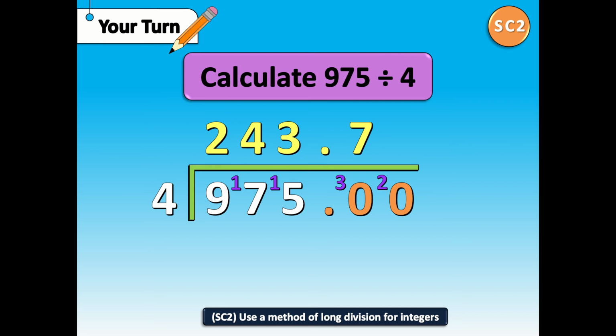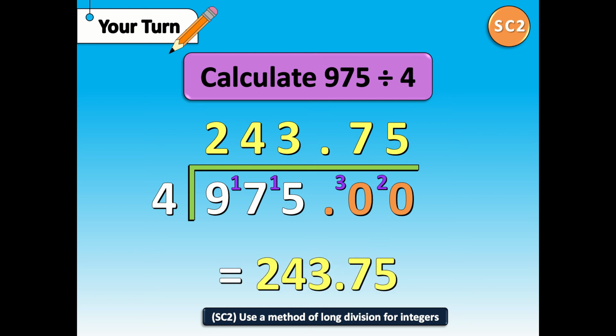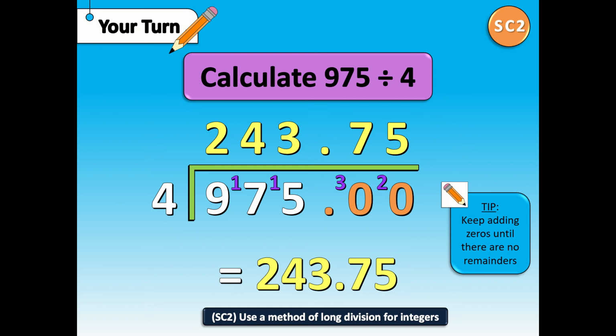And 4 goes into 20 5 times. So our answer is 243.75. Remember to keep adding zeros until there are no more remainders.